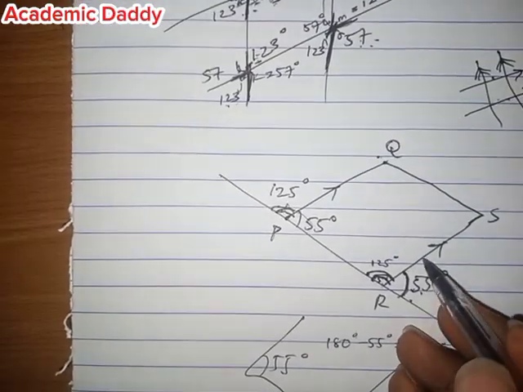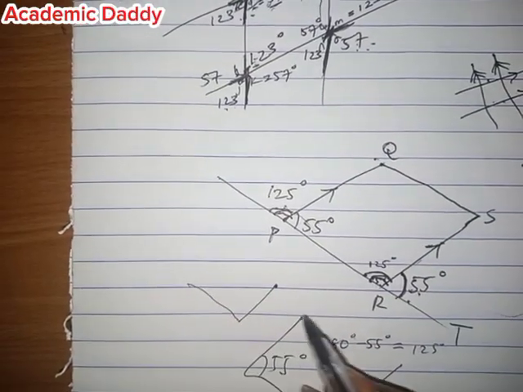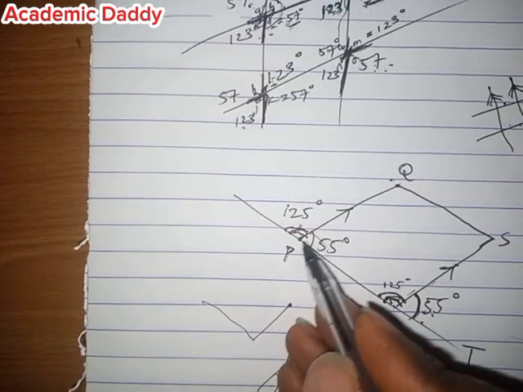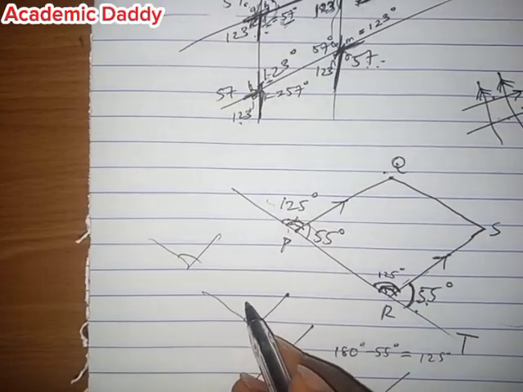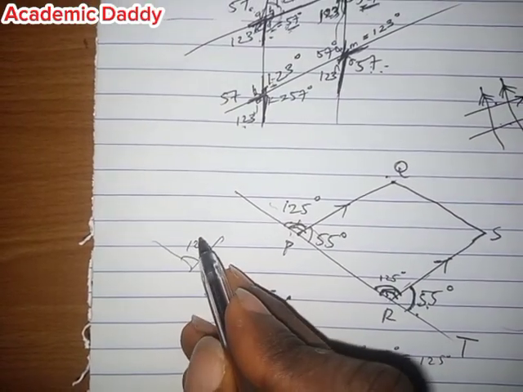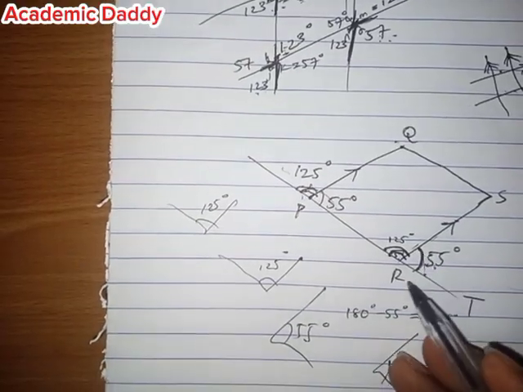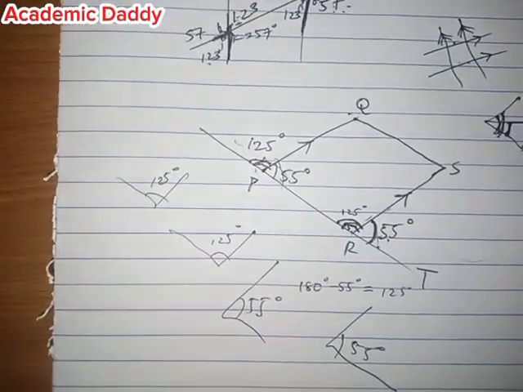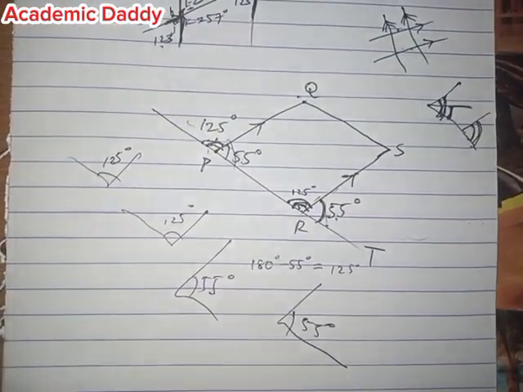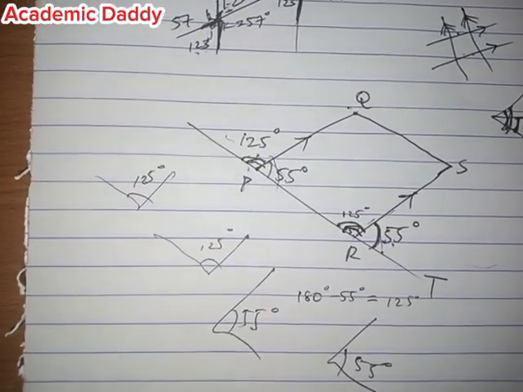And notice everything here is the same thing with everything here. So you can say corresponding angles. So it depends on how you want to look at it, but the main thing is you know the principles now. So that's how to go about it.